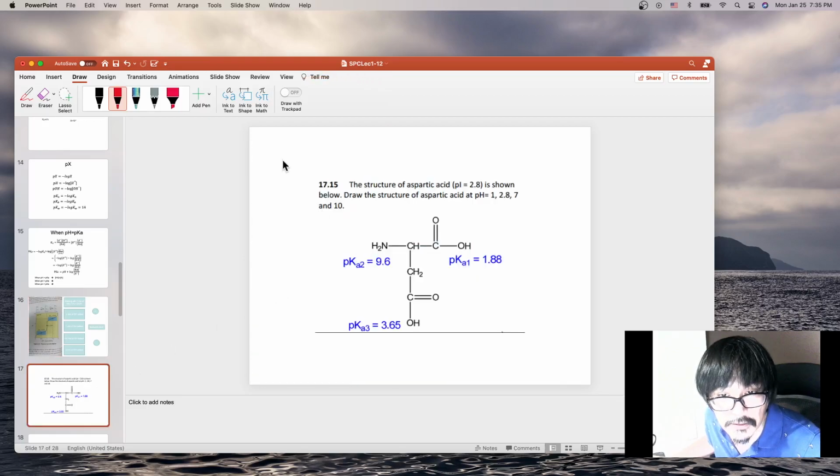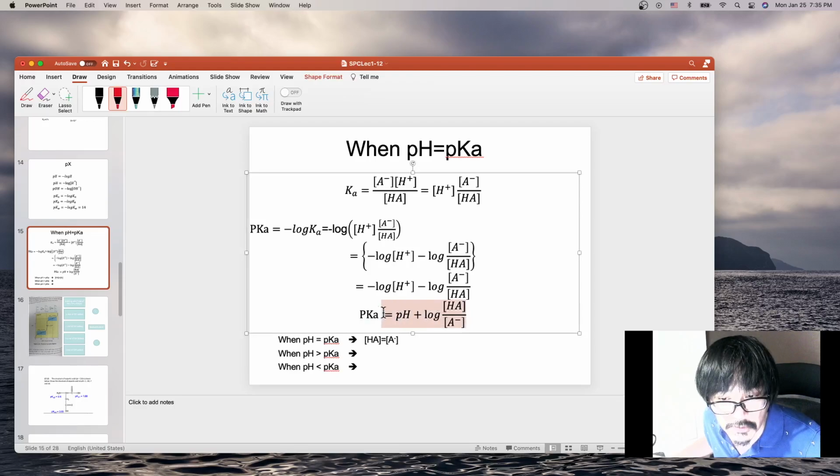Try to pause the video and take a look at these things right here and then predict the structures at each pH of 1, 2.8, 7, and 10. Remember that the pKa is equal to this formula, right?